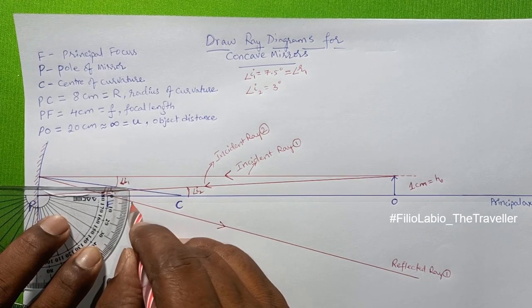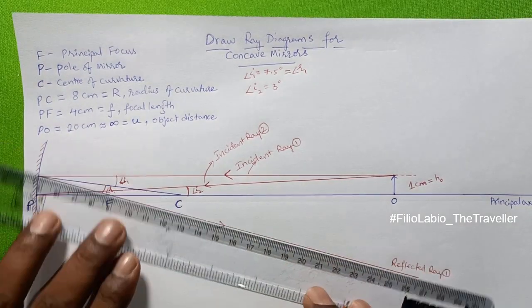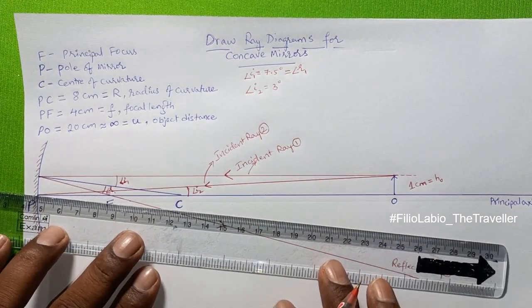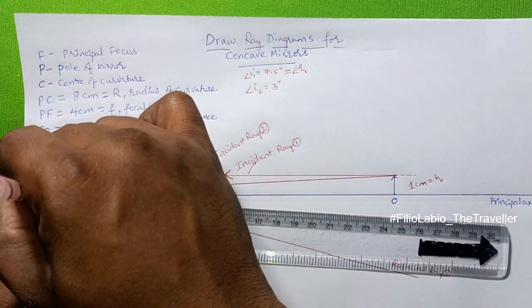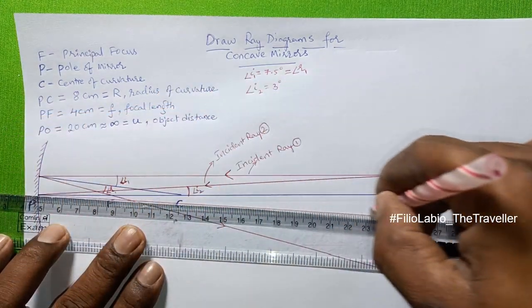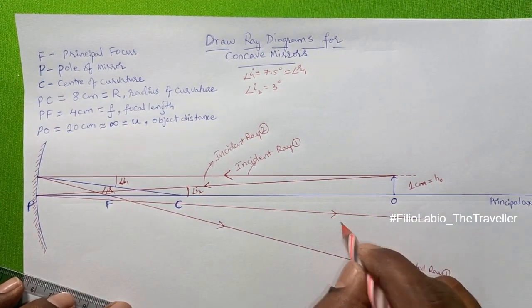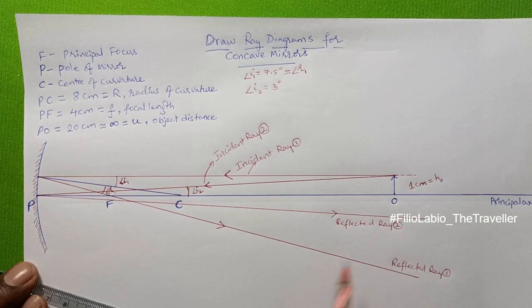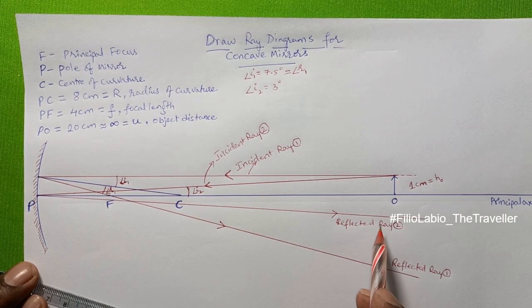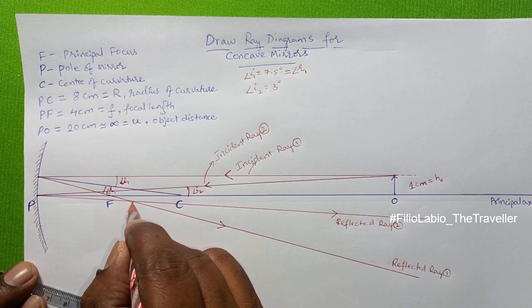So at around the 3-degree angle, place the point and now connect P and this point. This is called reflected ray number 2. Identify the point of intersection of reflected ray 1 and reflected ray 2. That is, here is a point.